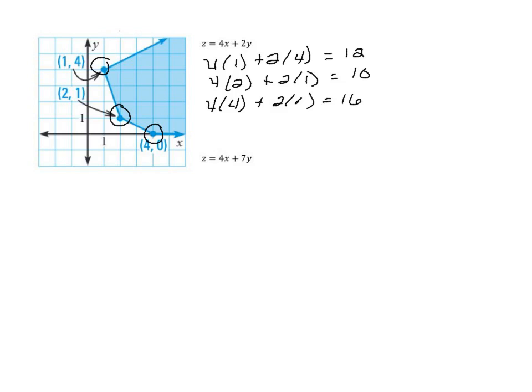We technically don't really have a maximum because, as you can see, our graph continually goes this direction. So we don't have any max. We have no max. Even though I see there is a 16, it could be more, but there's no ending, so it just keeps moving this direction. So it's going to keep getting larger and larger.